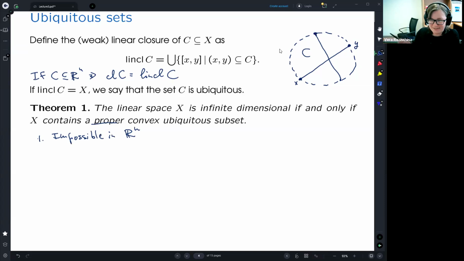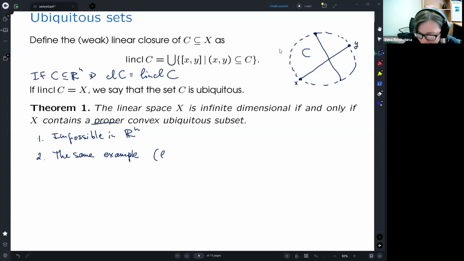So obviously I can't have a ubiquitous convex set like this. But in infinite dimensional space, I can use exactly the same example. Remember, I can take this infinite basis, order it in such a way that there's no maximal element. And then I can show that that set is ubiquitous. So let's quickly show that the set is ubiquitous.